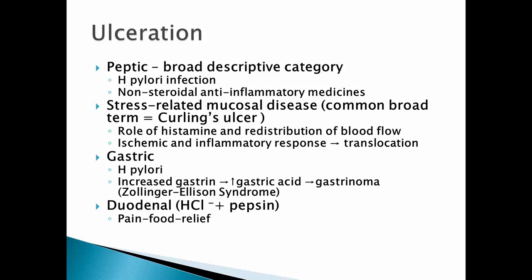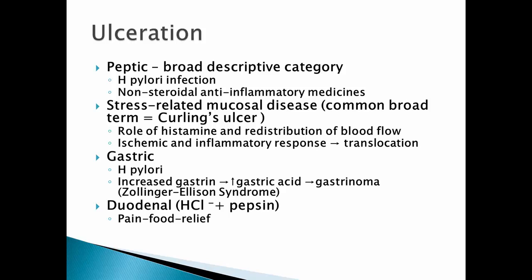So we know then, in order for this H. pylori to become pathogenic, and remember it's a gram-negative bacteria, something in our environment has to change. And once again, this can either be a change in the environment, or a change in our own ability to suppress and keep the H. pylori under control.